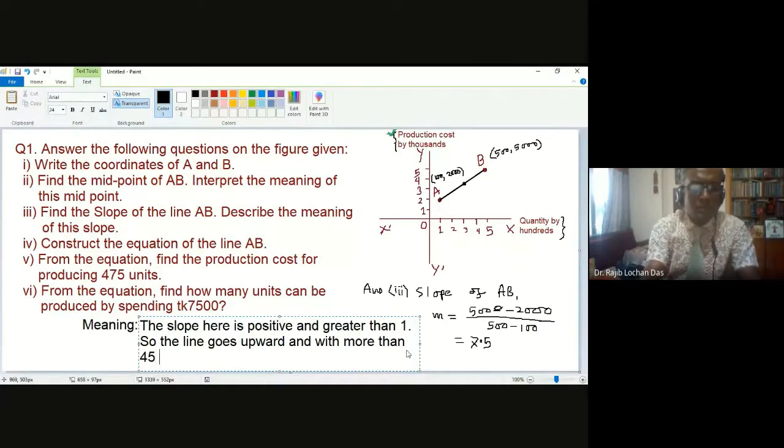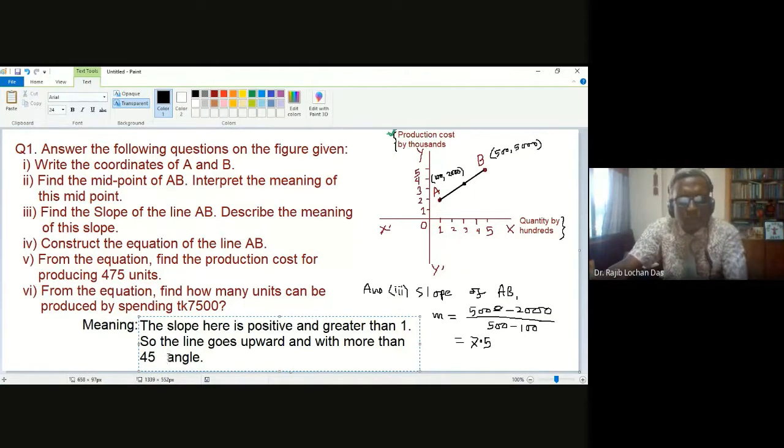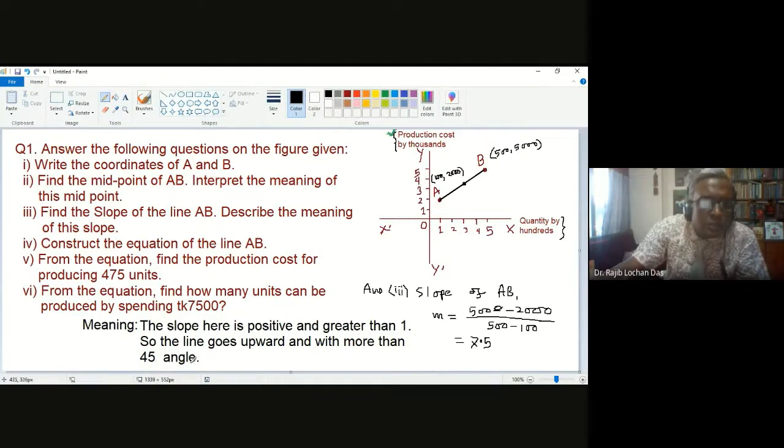Okay, 45-degree angle. So you can write like this. What is the meaning of more than 45-degree angle? More than 45-degree angle means it is steeper. What is 45-degree angle? 45-degree angle is just in the middle, like that.